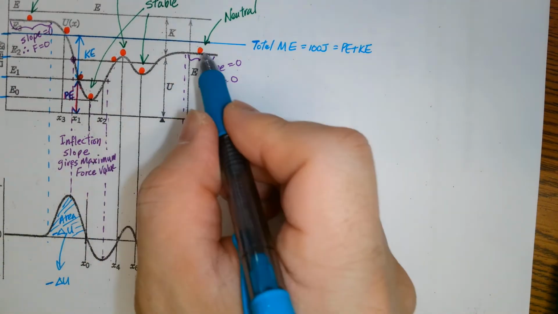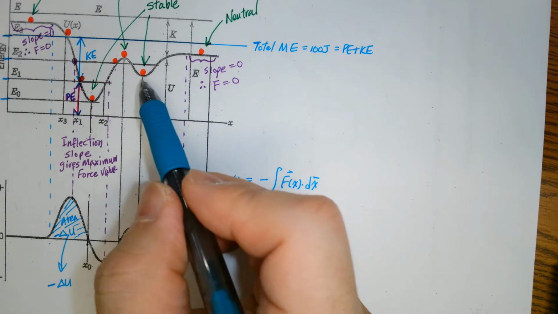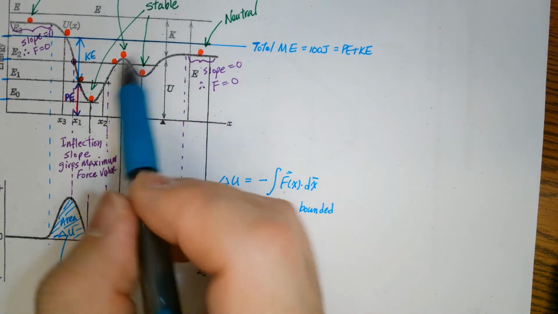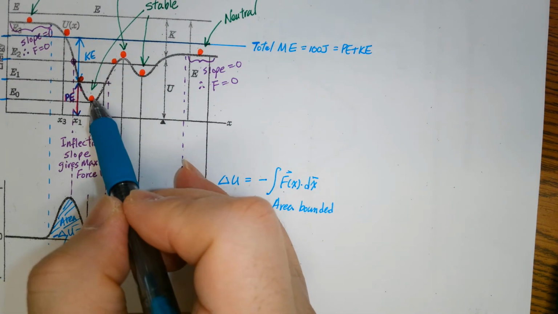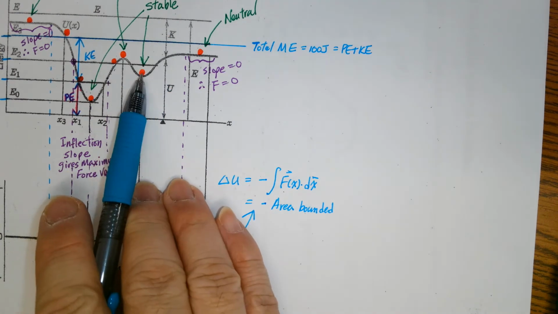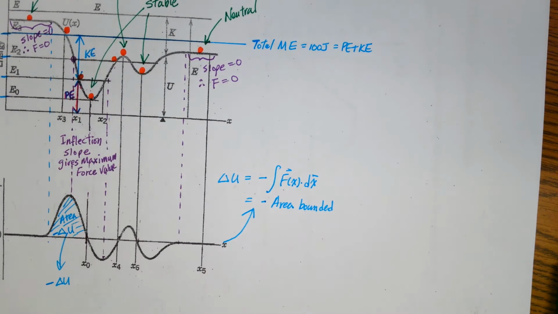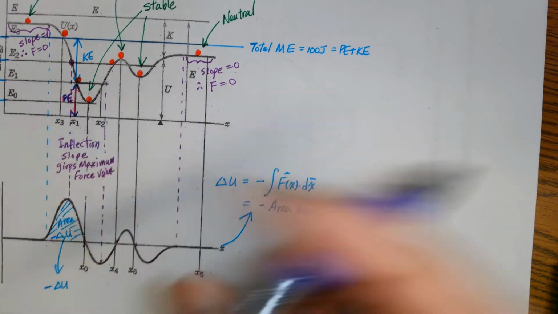These equilibrium points are equilibrium, equilibrium, stable equilibrium, unstable equilibrium. So maybe we could write that down.